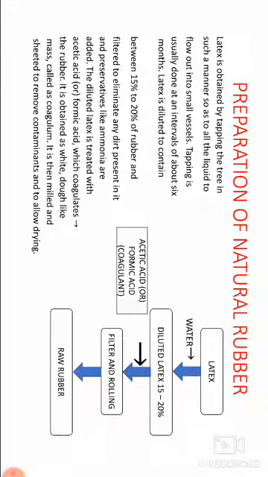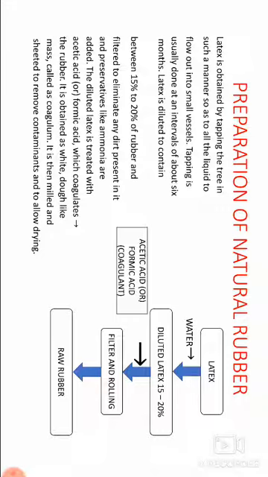The preparation of natural rubber: V-shaped cuts are made in the rubber trees. A drum or tank is placed beside the plant, and the latex is collected. This latex contains 15 to 20% rubber.